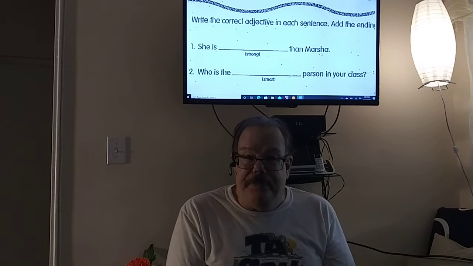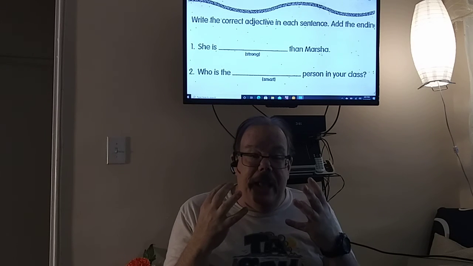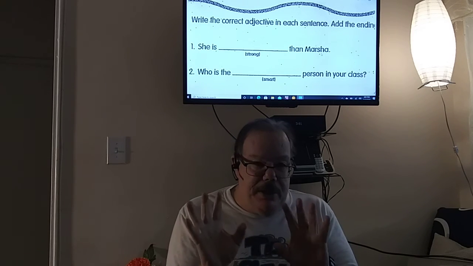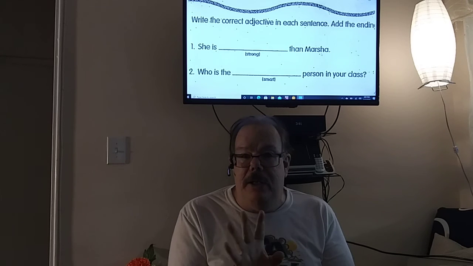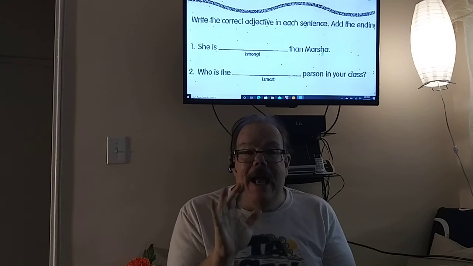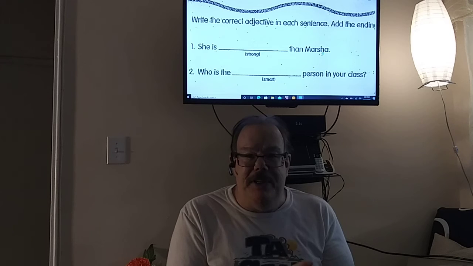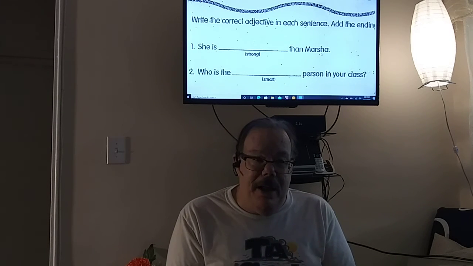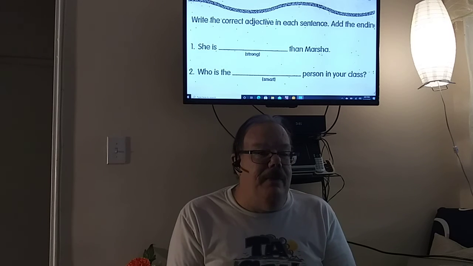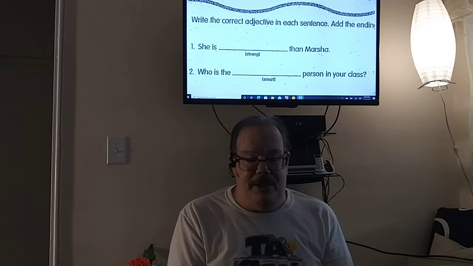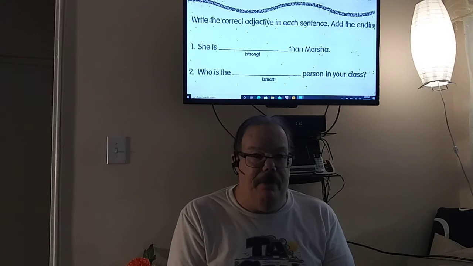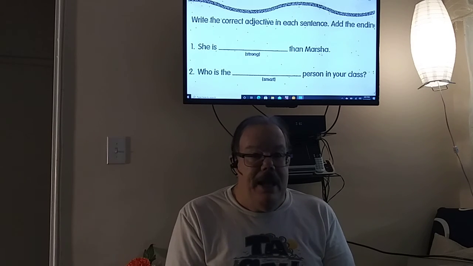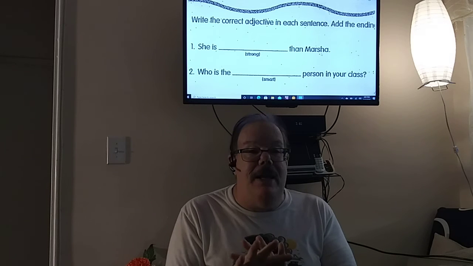Okay, so another thing that I wanted to just quickly hit upon. Adjectives, because this is going to go into tomorrow's lesson. That's why I'm talking about it. Adjectives are basically opinions. I cannot stress this enough. They're not always facts.